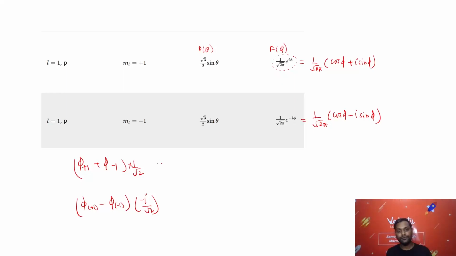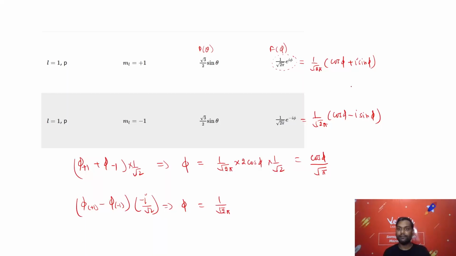Let us apply these. So the phi part of the wave function would be 1 upon √2 pi. When you add them, then the I sin phi will get cancelled. This will be 2 cos phi into 1 upon √2. So that would be cos phi upon root pi, and similarly here the phi would be 1 upon √2 pi.